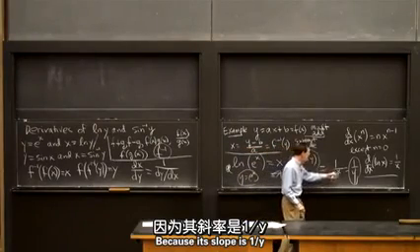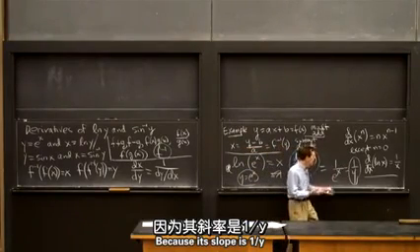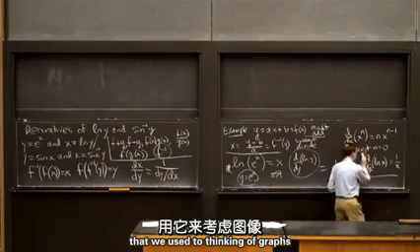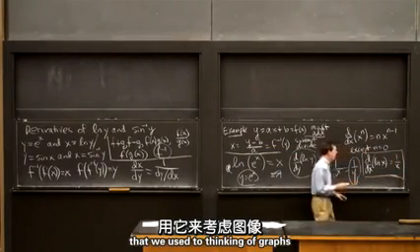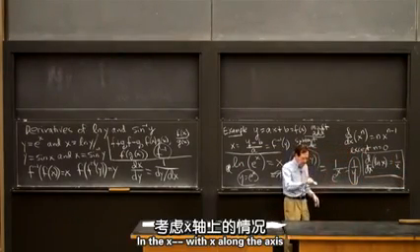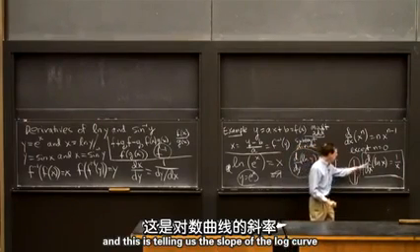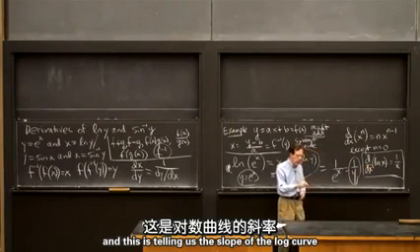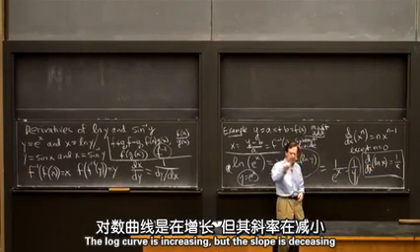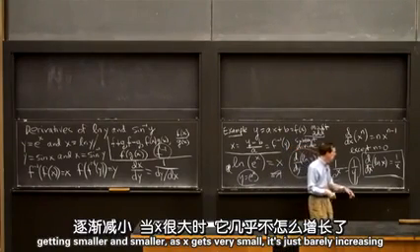Because its slope is 1 over y, or let's look at this one, because we're used to thinking of graphs in the x, with x along the axis. And this is telling us that the slope of the log curve is positive, but the slope is decreasing, getting smaller and smaller.